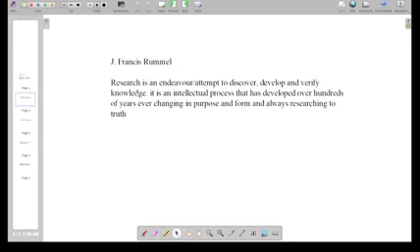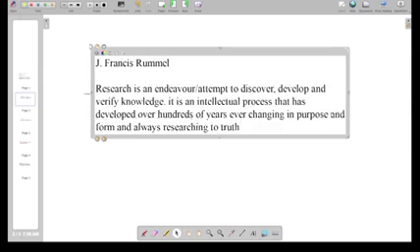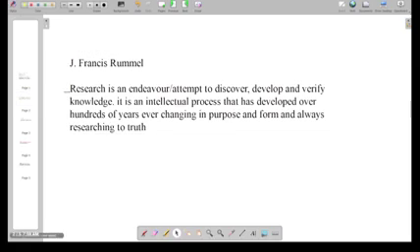J. Francis Rummel defines research as an endeavor or an attempt to discover, similar to what the Merriam-Webster dictionary was saying. It is your attempt to discover, your movement from unknown to known, your movement towards discovery, towards finding out, towards expanding the body of knowledge, towards covering new grounds.